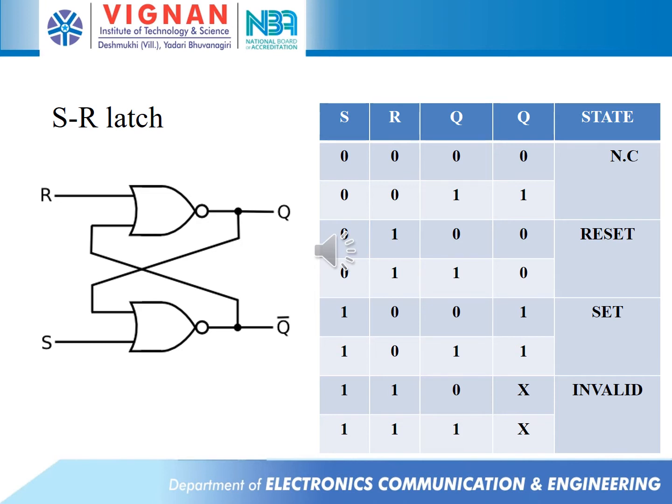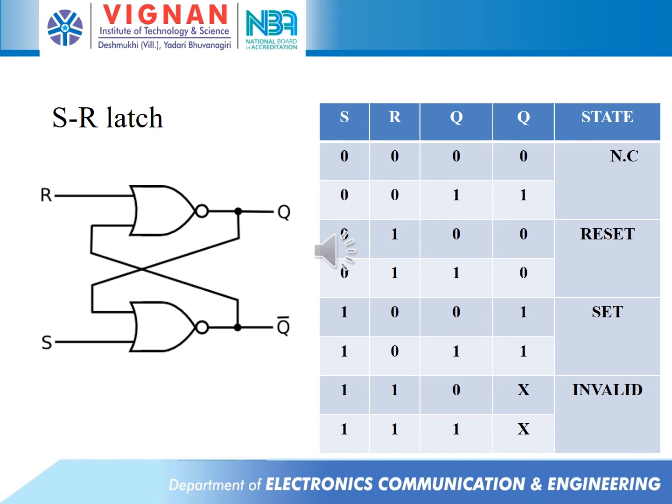Now we change the input combination to S equal to 0 and R equal to 1. If S equal to 0, R equal to 1, irrespective of the present state, the next state will be 0. When S equal to 1 and R equal to 0, even if the present state is 0 or 1, the next state will be 1.